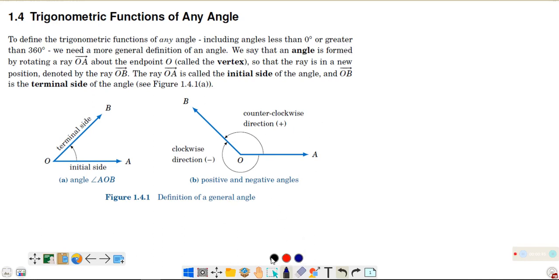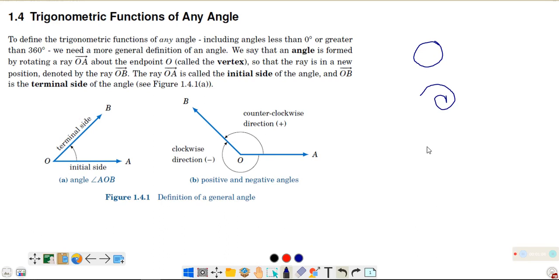And also, meron na tayong mga angles that is greater than 360 degrees. If you recall from your basic geometry, pag nakabuo ka ng isang buong revolution, that is 360 degrees, makakabuo ka ng isang circle. This time, meron na tayong mga mabubuong angles na coil-like.